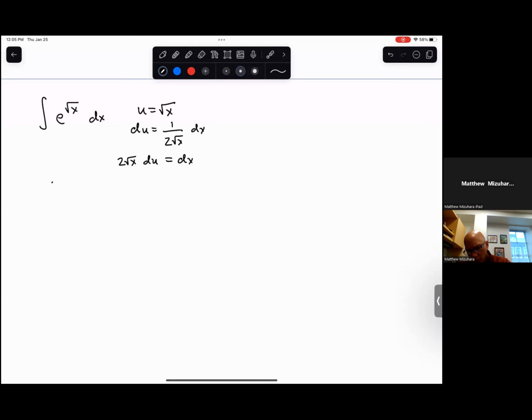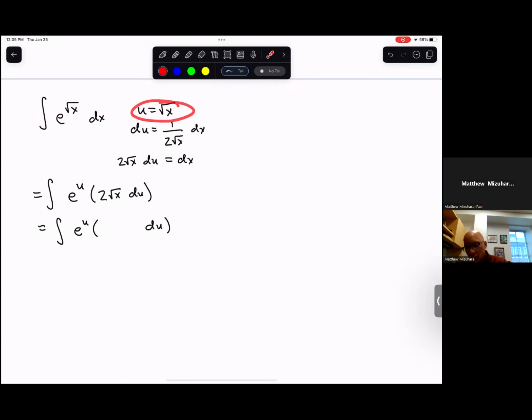So I'm going to get the integral of e to the u, right, because that's root x. And then dx I'm replacing with the expression 2 root x du, okay. Now, initially, this looks problematic because I have an extra root x in there, but, look, root x is none other than u, so I can replace root x with u and turn all the x's into u's again.